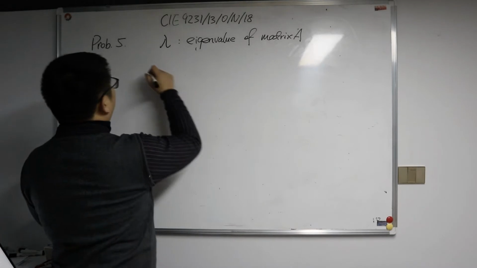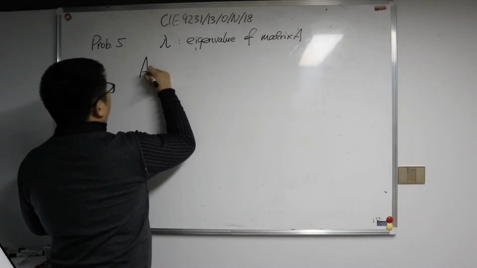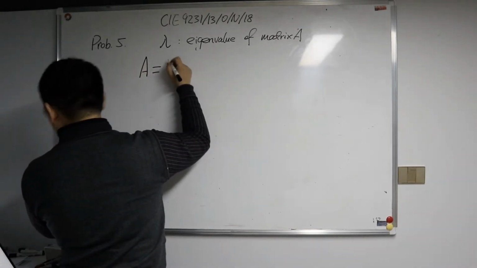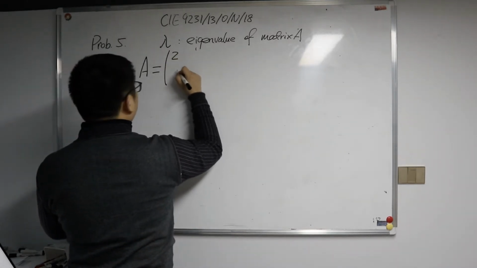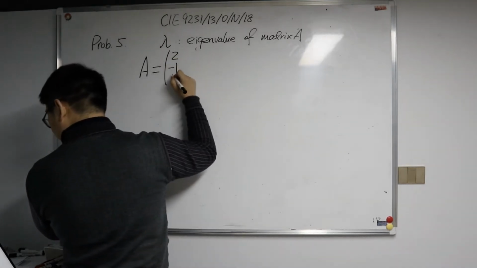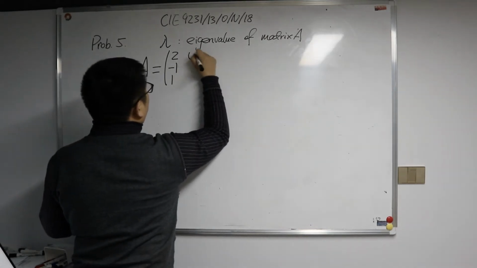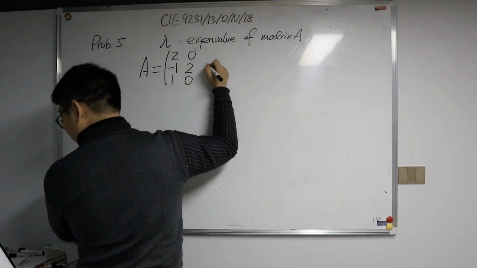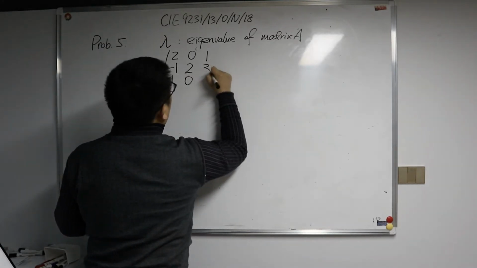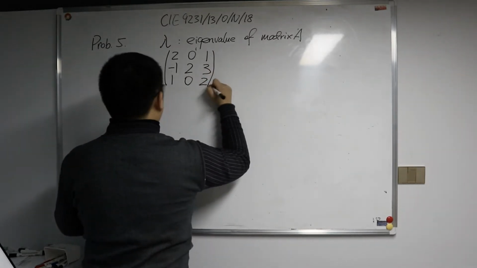And here we are given a matrix like this: 2, minus 1, 1; 0, 2, 0; and 1, 3, 2. Okay.